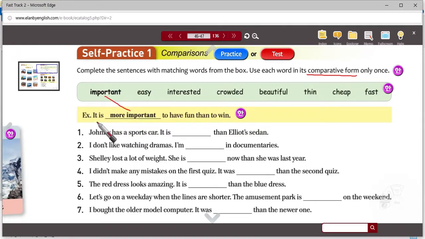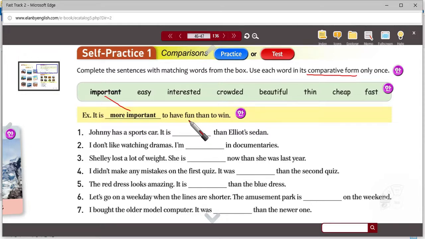So it is blank to have fun than to win. I think they're talking about competitions or sports. So it is important to have fun, and it is important to win. But of the two, it's more important to have fun.